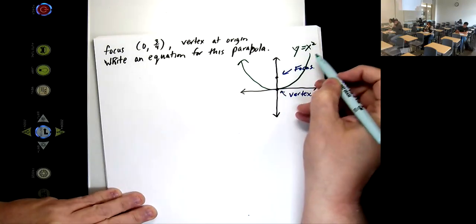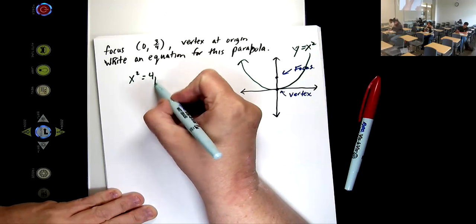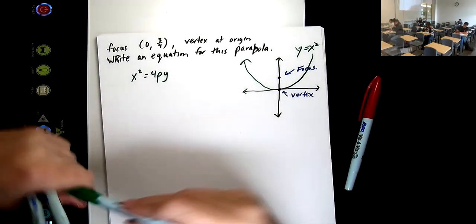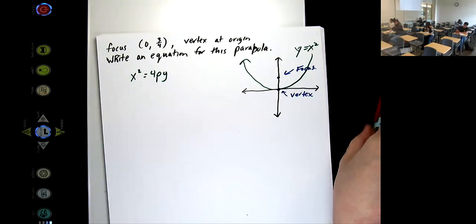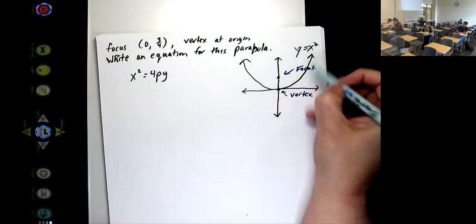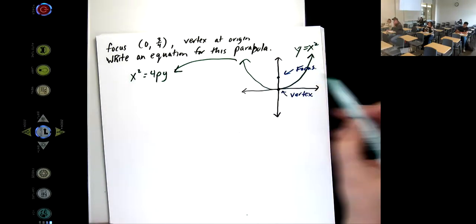And in that world, with the focus, we had x squared equals 4py. When the x is squared, that was the format. So the vertex and focus are telling me the parabola opens upwards, so we have an x squared.